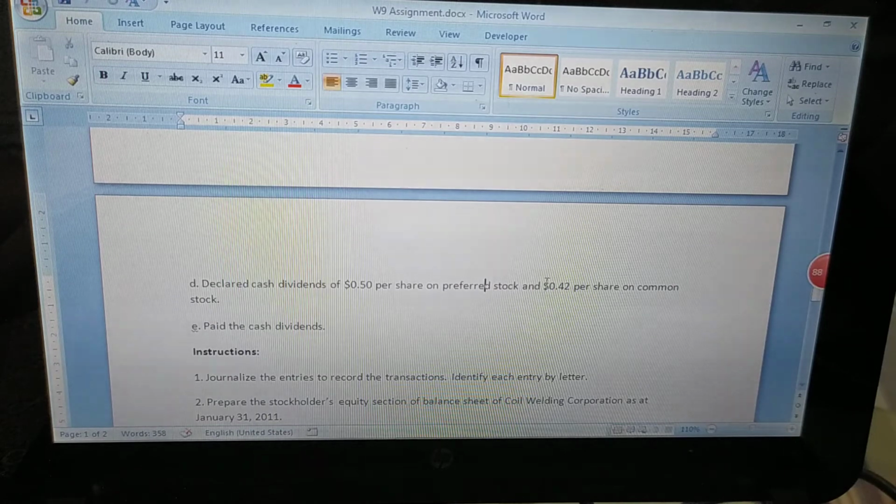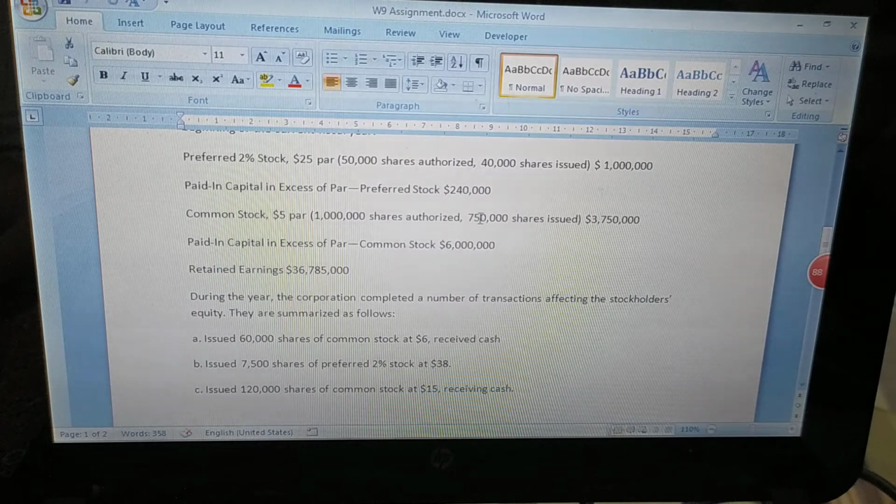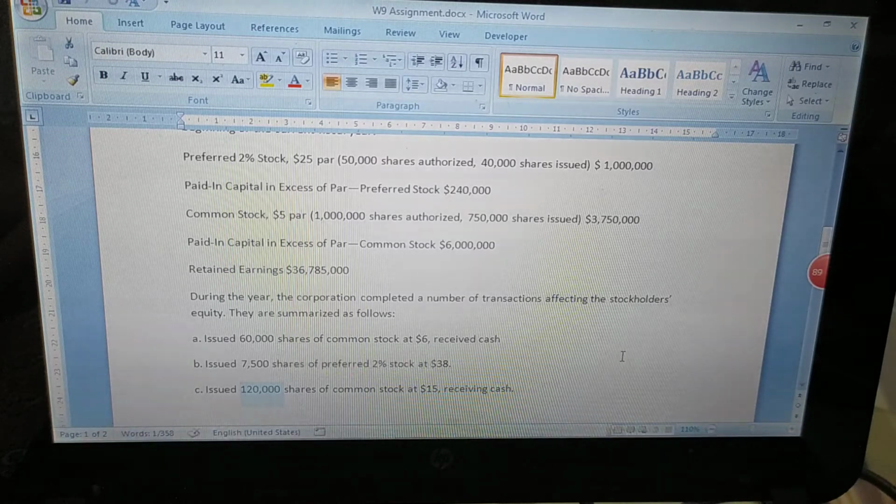For the common stock, it is also the same. So we take $0.42 times how many common shares have been issued. So 750,000 plus 60,000 shares plus 120,000 shares, it is 930,000 shares that have been issued for the common stock.